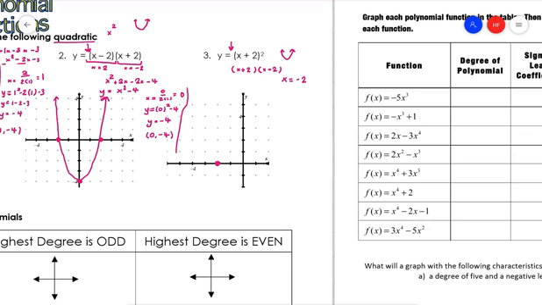When that is your vertex as well, to find another point, we can find our y-intercept, which would be where x equals 0. So y would equal 0 plus 2 squared. Y equals 2 squared, which is 4.